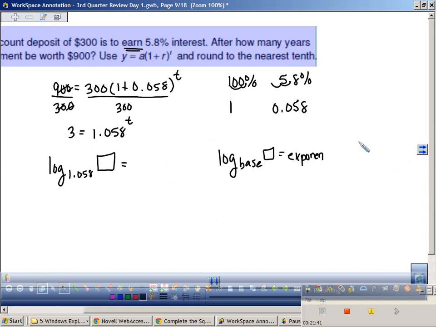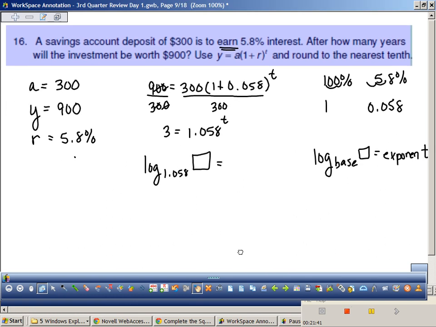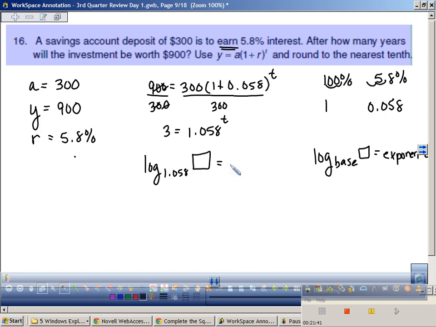Right? So what goes here? That 3 is the exponent? T is the exponent. It says right there exponent. Is 3 the exponent? No. What goes here? 3, the only thing that's left.